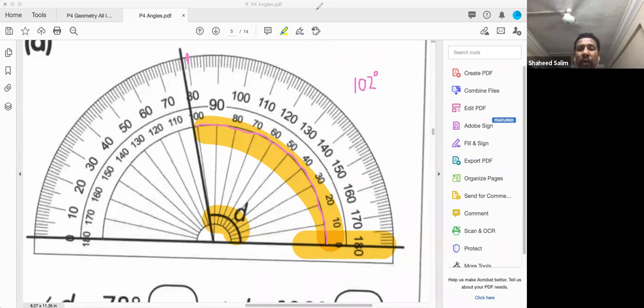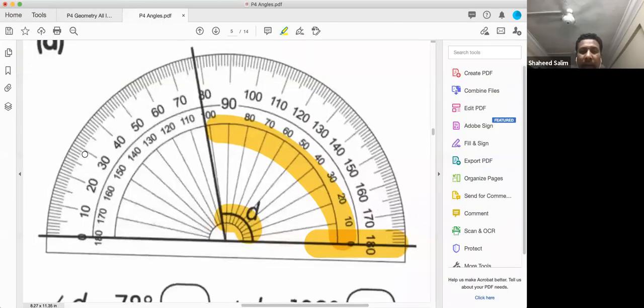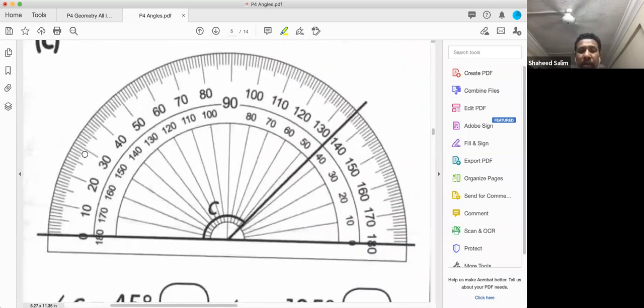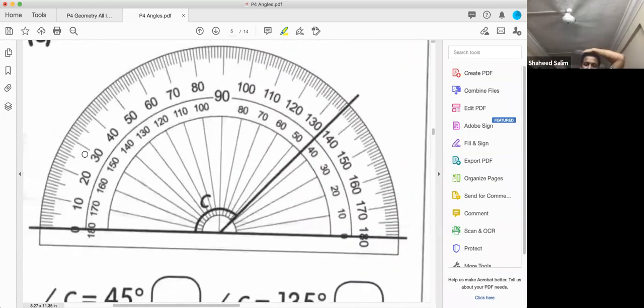Okay, so now we are gonna try again. Ready, and go. How many degrees is this angle? Neris, come on, Neris. I'm cheering for you, Neris.